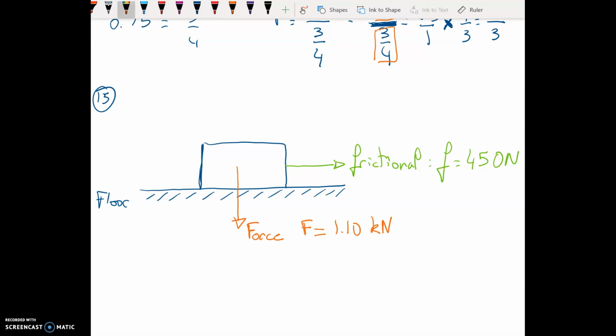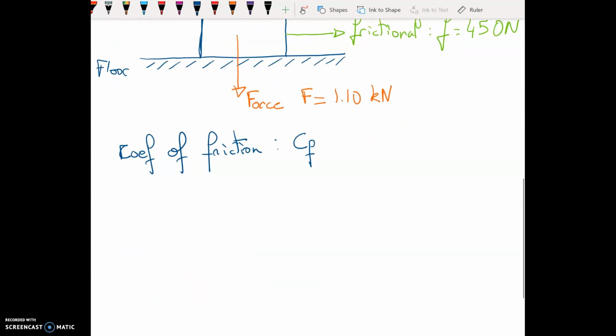Now, they are obviously reminding you of the coefficient of friction, so let's write coefficient of friction, and decide which letter I'm going to use every time I talk about it. I decide to call it CF.